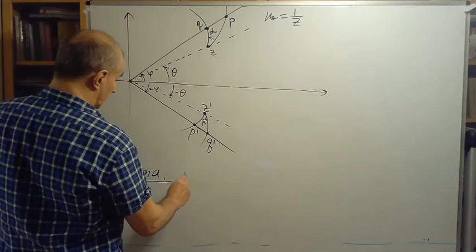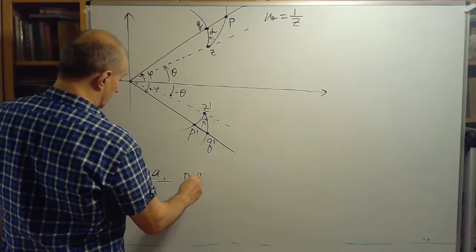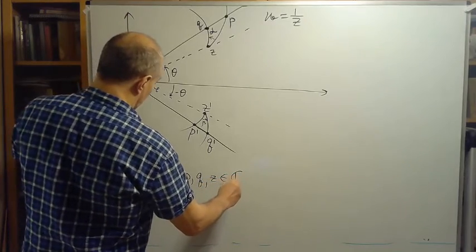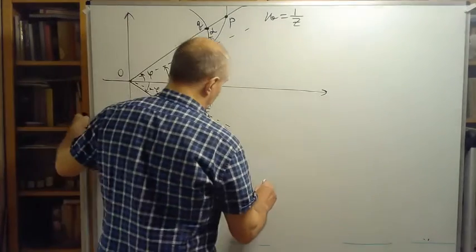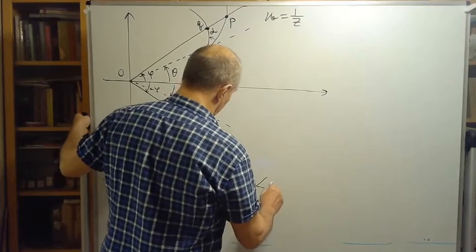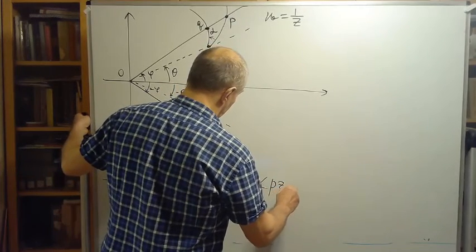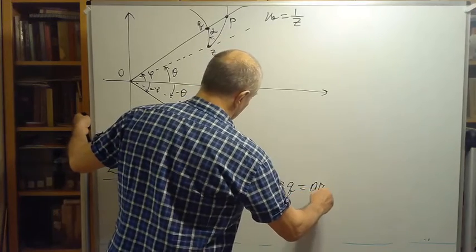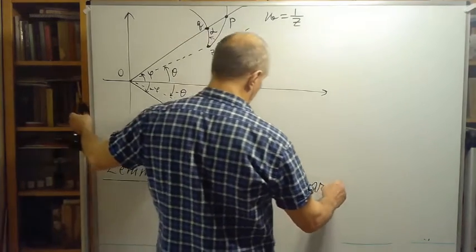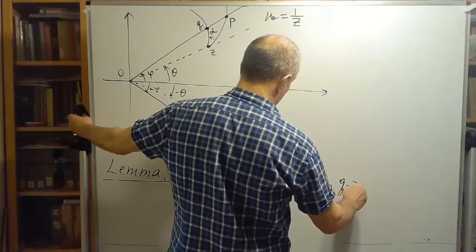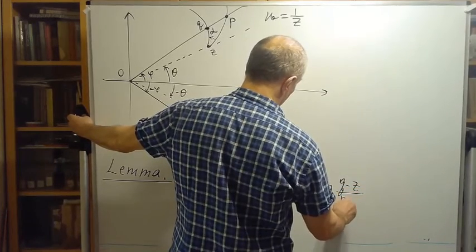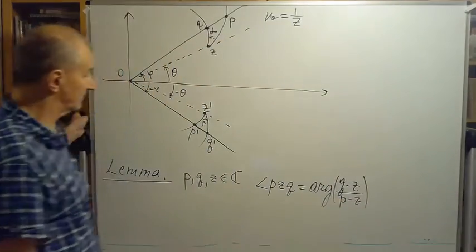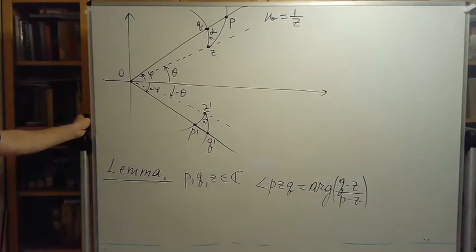Whenever we have 3 points P, Q, and Z in the complex plane, the angle between them, angle PZQ, will be the argument of (Q minus Z) over (P minus Z). That's our lemma.